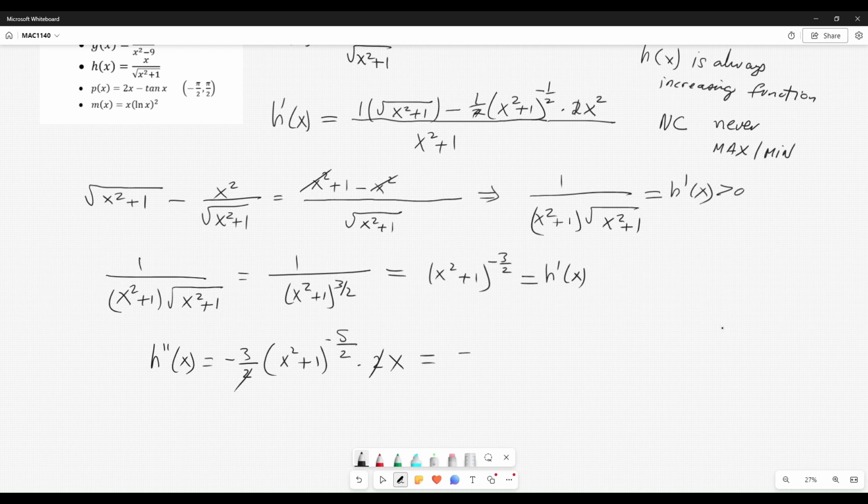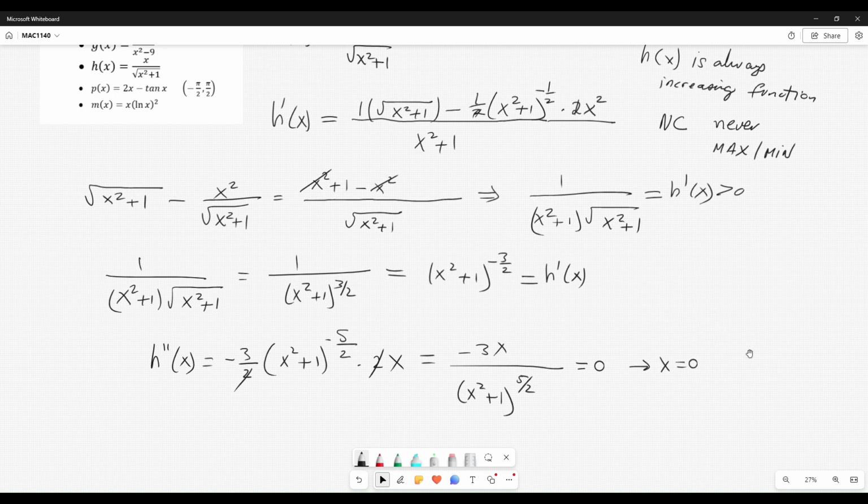This is minus 3x over x squared plus 1 raised to the positive 5 over 2. Okay, and you see it always is negative. Well, no, not always, depende on x. O sea, x equals 0, you force it to be 0. I'm going to find a potential inflection point, because the solution of this is x equals 0.